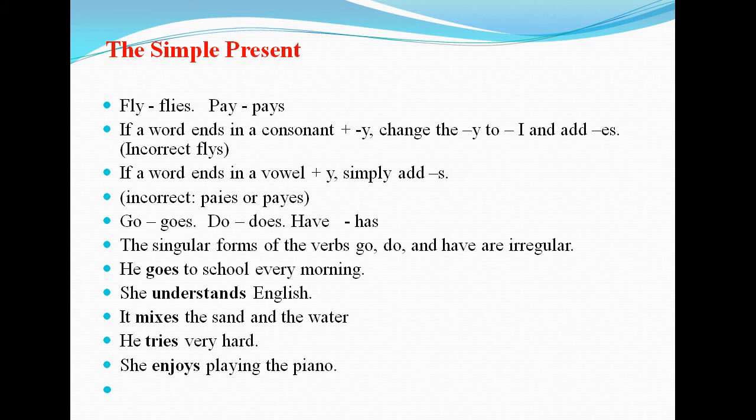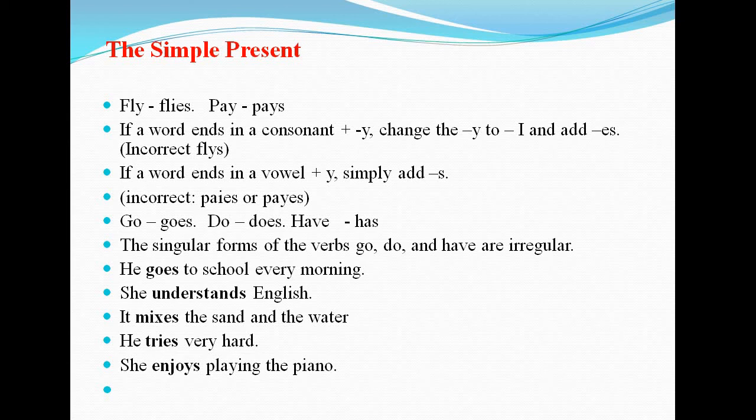Here are some other verbs where we can use es and s. How to use it? Fly, flies. Pay, pays. If a word ends in a consonant plus y, change the y to i and add es.